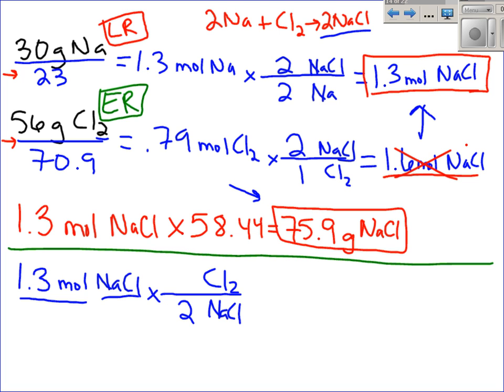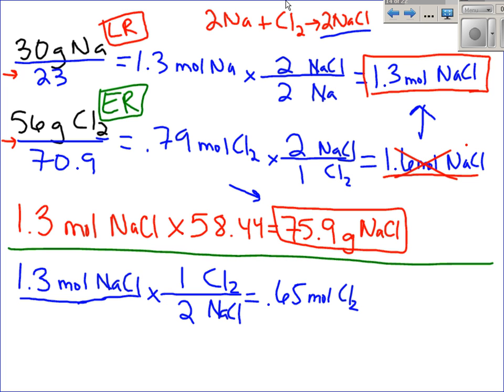NaCl's coefficient was 2, chlorine's was 1, so by taking 1.3 divided by 2, that gives me my number of moles of chlorine. In this case, it's 0.65. Now, what does this value mean, 0.65 moles? It means that to create my amount of product, which was the 1.3 moles, it takes 0.65 moles of chlorine.